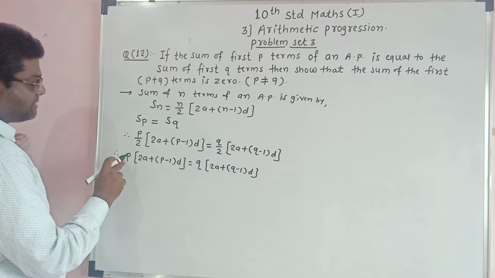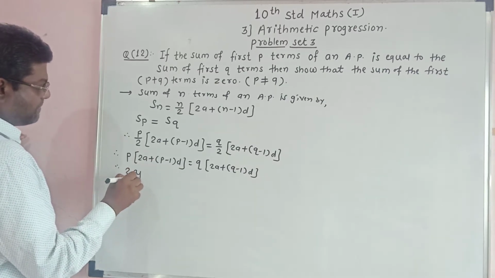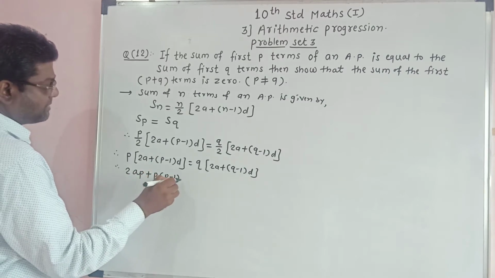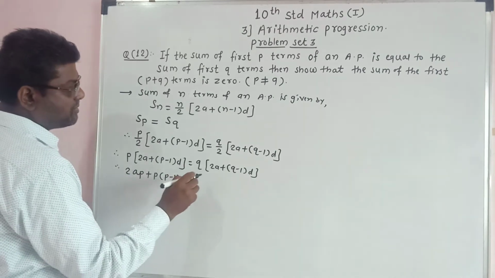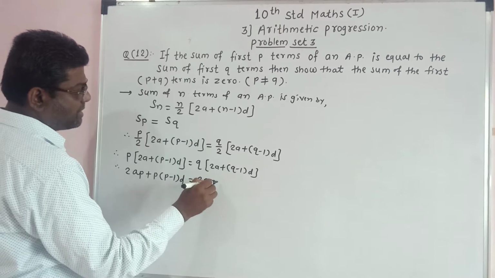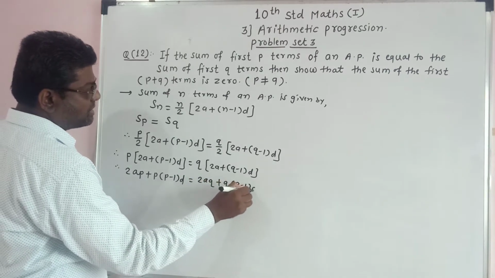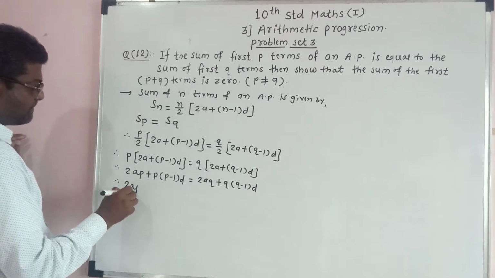Now multiply this p in bracket, therefore we have 2ap plus p in bracket p minus 1 into d. Multiply this q in bracket, 2aq plus q in bracket q minus 1 into d, therefore 2ap.